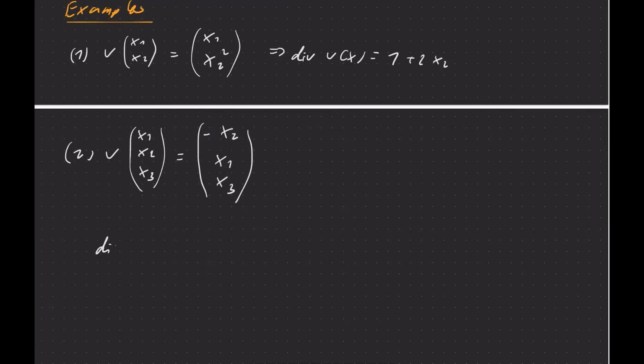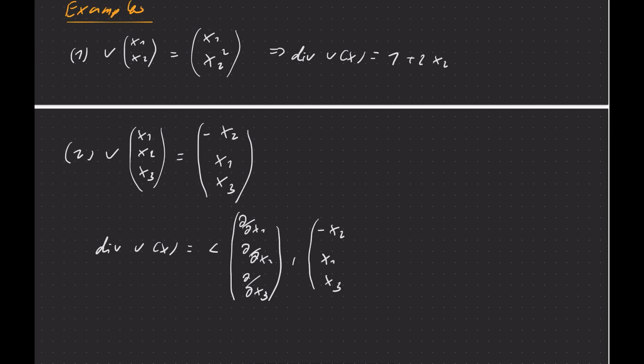And the divergence of that field, now remember, that is basically ddx1, ddx2, ddx3 applied to the field, so minus x2, x1, x3 of x.